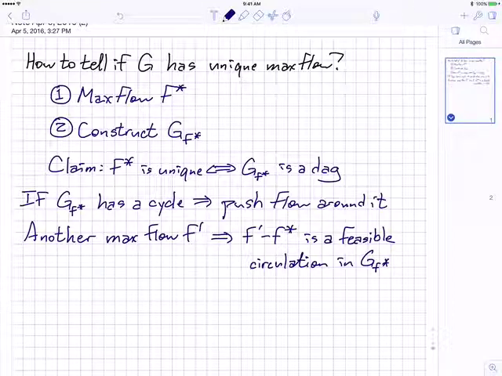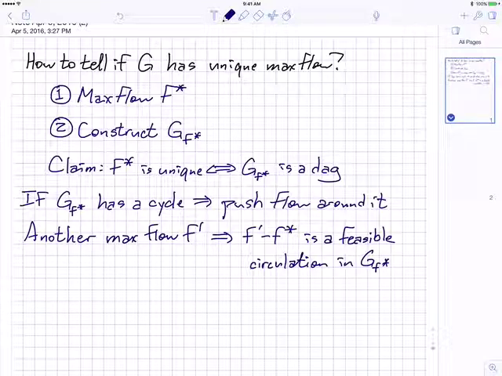And then you have to verify that this function that you've defined satisfies the conservation constraints at every vertex, and that these values along every edge are between 0 and the residual capacity in the corresponding residual graph.